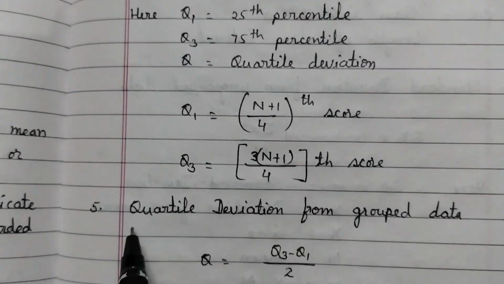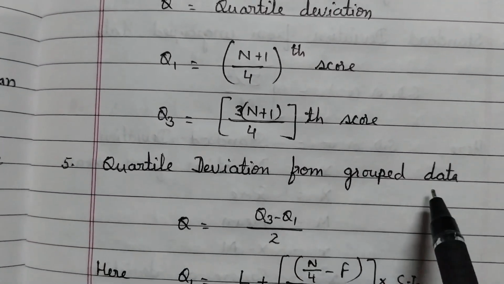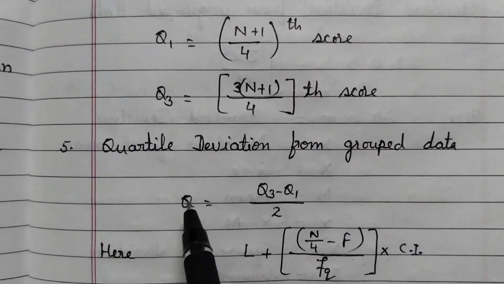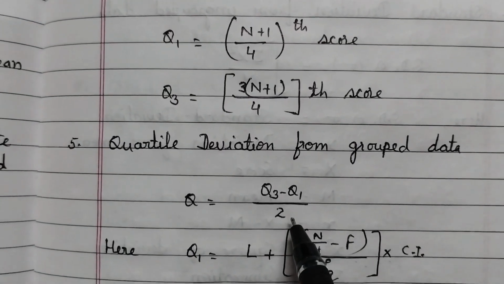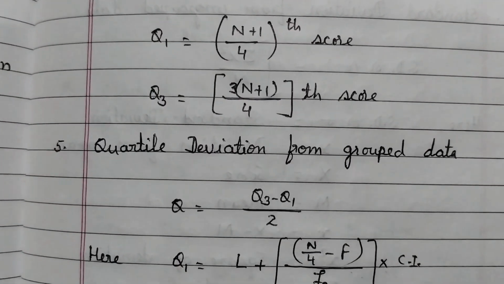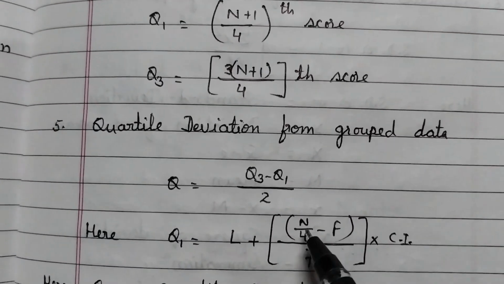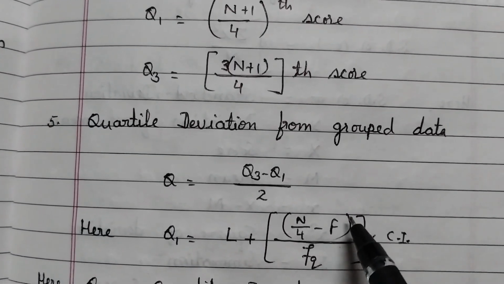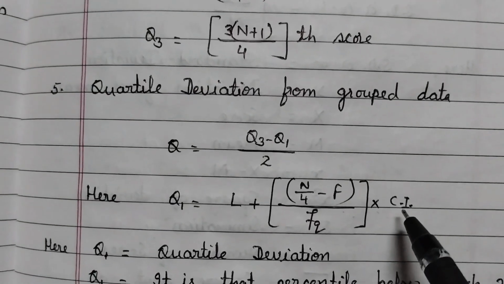Now next formula, formula number 5, quartile deviation from grouped data. Again the main formula is the same, Q is equal to Q3 minus Q1 by 2, but Q1 is calculated in a different way. Q1 is equal to L plus (n by 4 minus F) divided by FQ multiplied by CI.